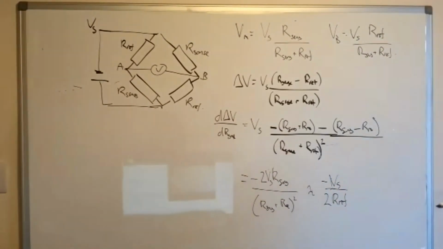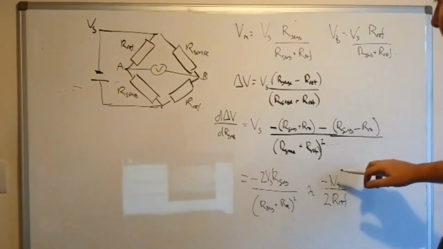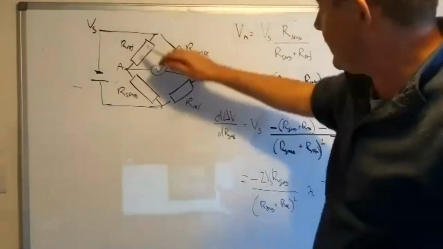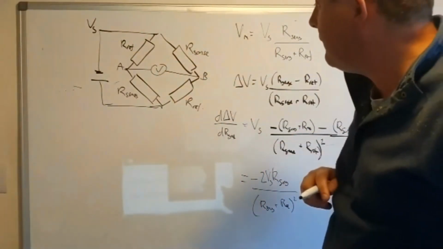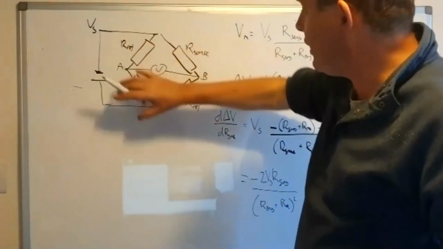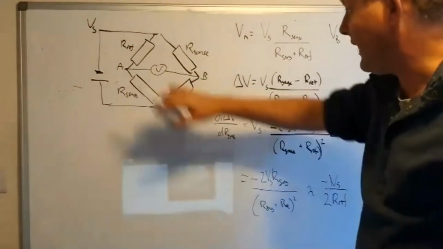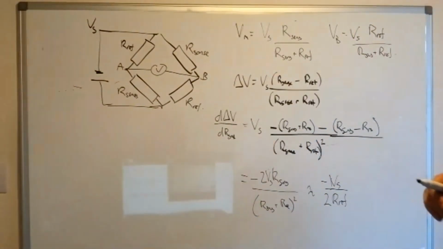Okay, so that's telling us how we can change the sensitivity. We can actually do the same analysis if you have just a single potential divider, so just one arm of this circuit, and you'd find that your sensitivity again was about half, was the same number.